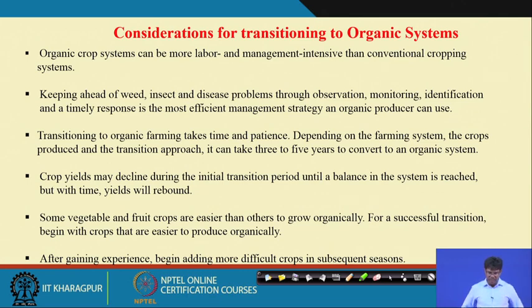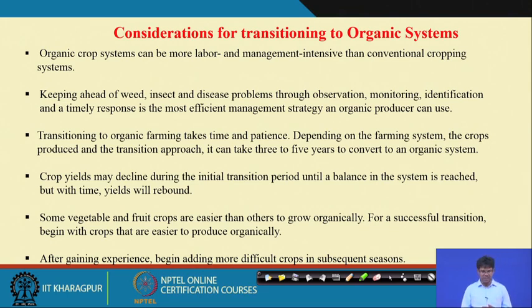Organic crop systems can be more labor and management intensive than conventional cropping systems. Because in case of organic farming, to protect the crops from weeds and pests, especially for the weeds, we need to follow many physical or mechanical methods for weed control, and very regular practice of those methods, so that we can keep the crop free from weeds.